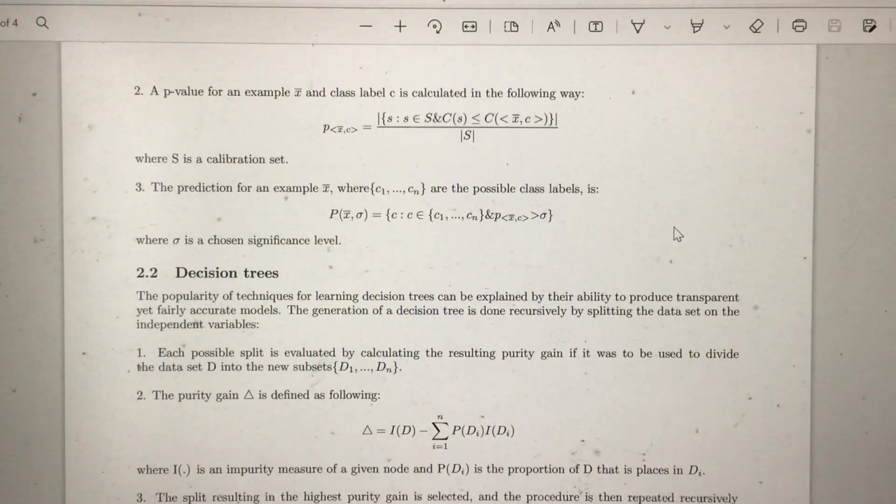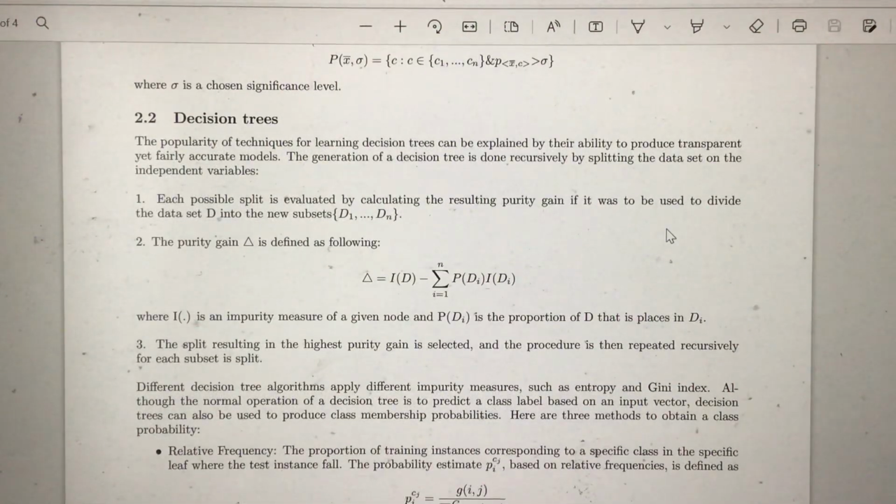So the prediction for the example x̄, where c1 to cn are the possible class labels, will be the set of c belonging to c1 to cn such that p is larger than sigma, and sigma is the chosen significance level.